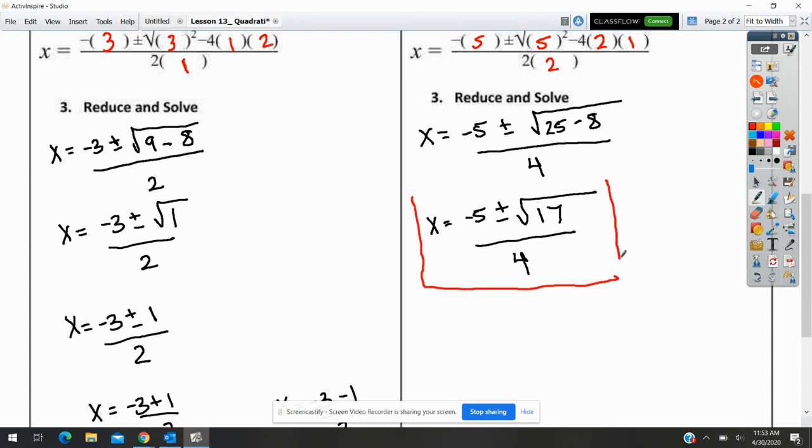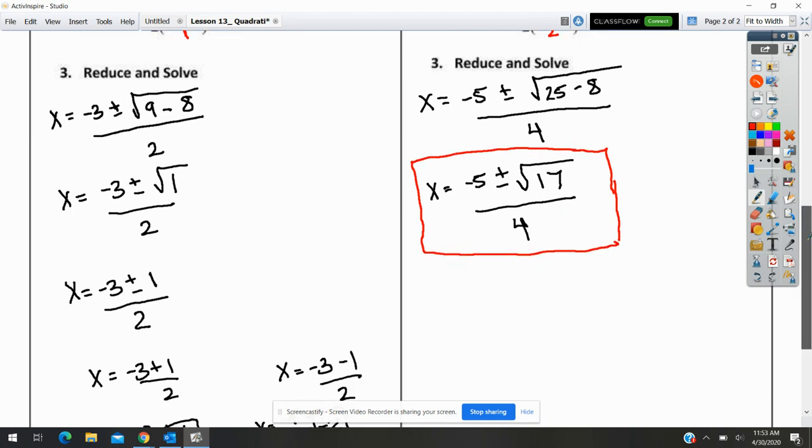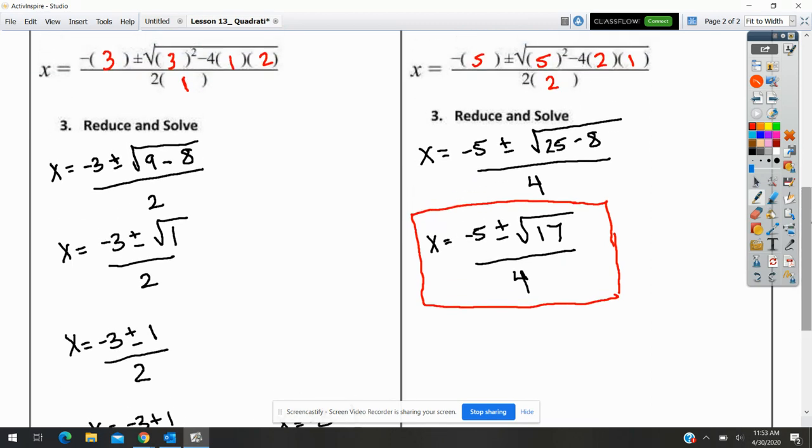So x equals -5 plus or minus the square root of 17 over 4. There will be other times, in the next video, when we will be able to reduce this further, but in this instance the square root of 17 cannot be further reduced. It's not a perfect square and it's a prime number, therefore it cannot be simplified any further.